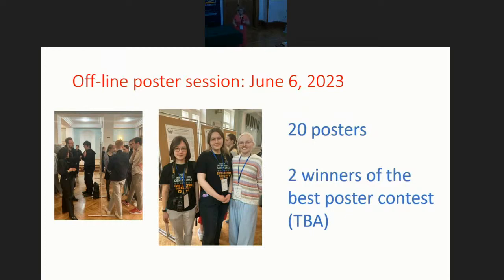And the best poster will be the one which will gain maximum signatures, right? So, and then, yes, here it will be announced in a couple minutes.